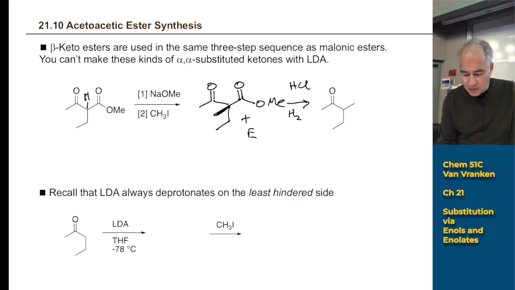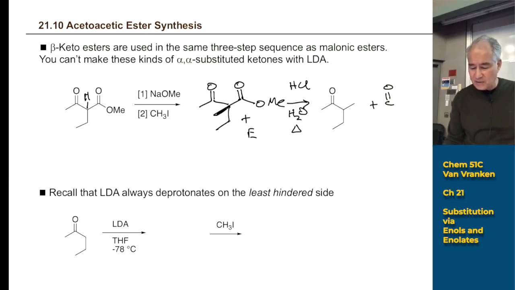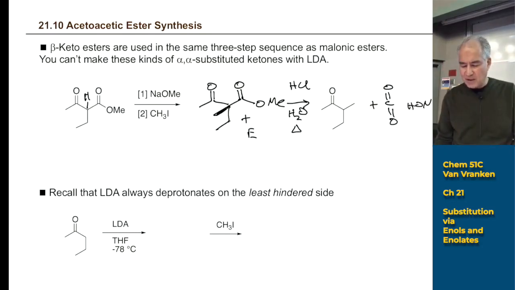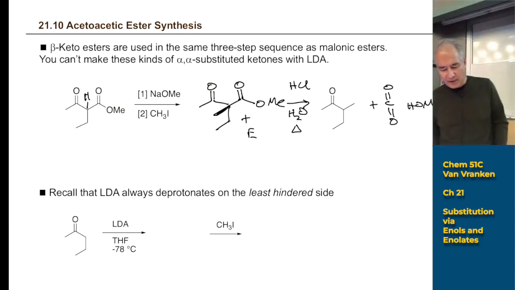And then we do these in water and we heat them. So there is an intermediate here that we don't have to draw out, and that would be the carboxylic acid. The byproduct of this process would be CO2, but we don't isolate that because it's just going to blow out of our reaction as gas bubbles. And the other product of the reaction is methanol, which is so volatile that it would just come off when we evaporate our solvent for the reaction.